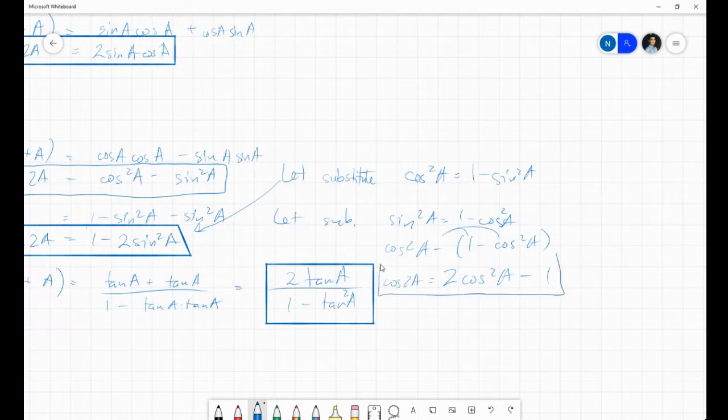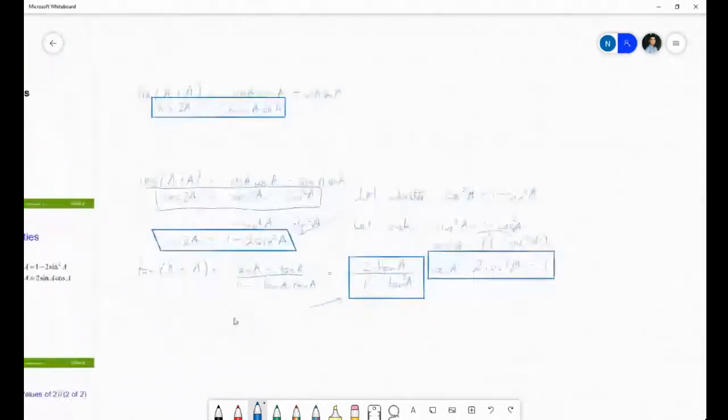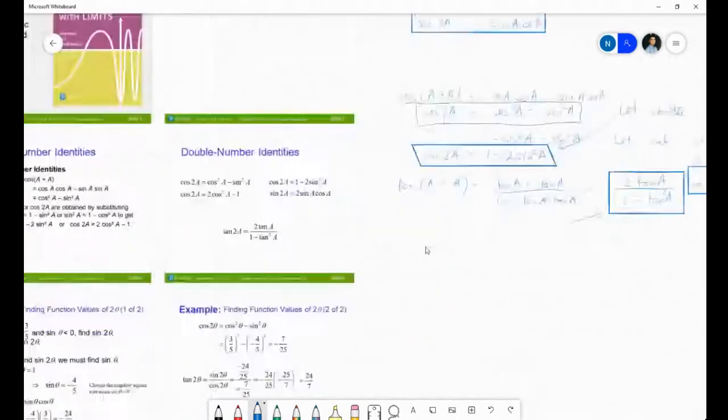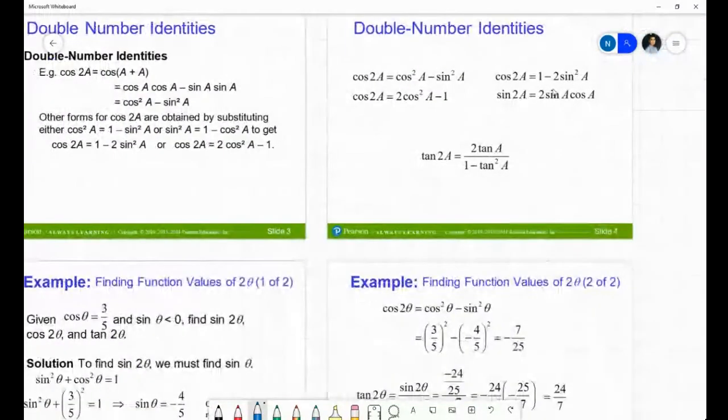So there's another one. So for cosine double angle, there are 3 different ways that you can rewrite them. For tangent, there's also 3 different ways. We're going to look at how we derive that. Okay. So you can see here, we have our double identities. Just to reiterate what I just said.